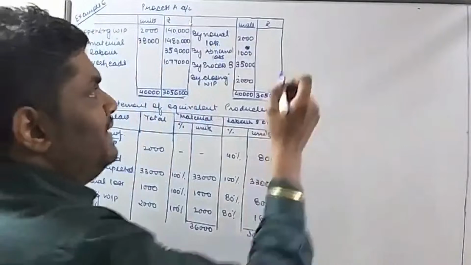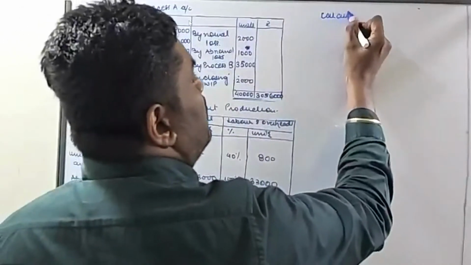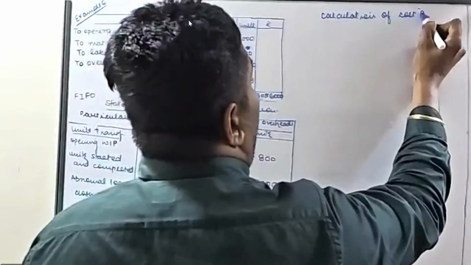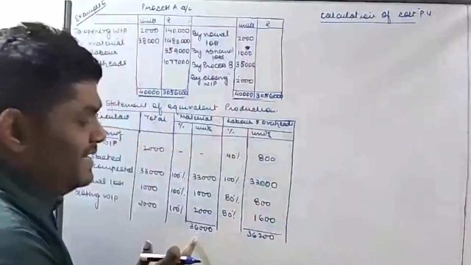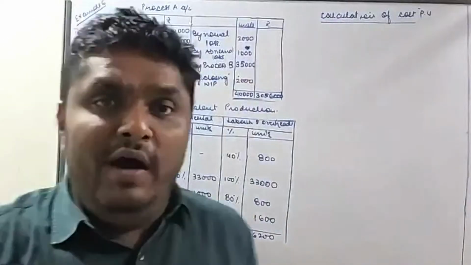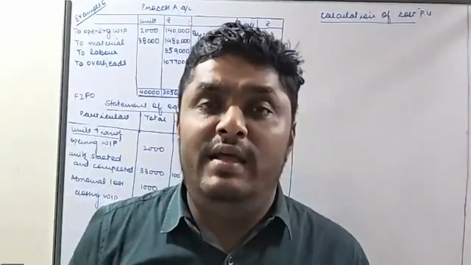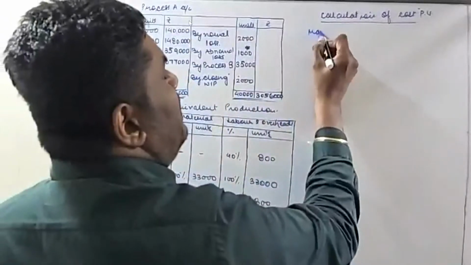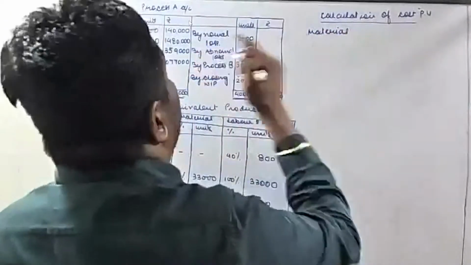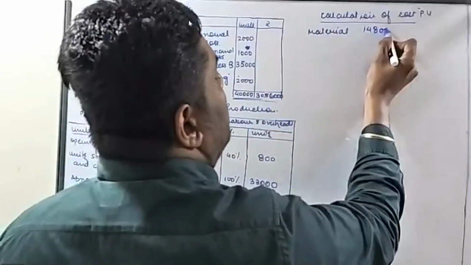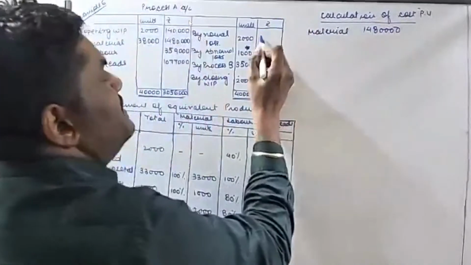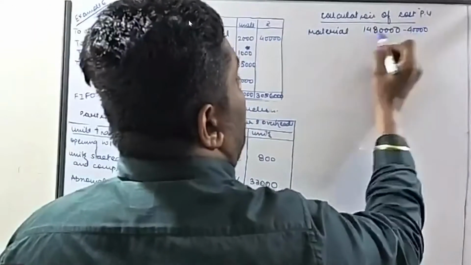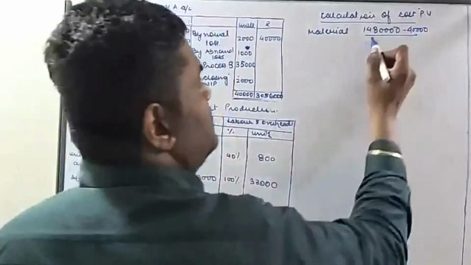Now let's prepare the calculation of cost per unit. Now these units represent what? The work that is completed in the current year. So herein we will be taking the current year cost only. That is for material, it will be 14,80,000 minus 40,000 as the scrap value, the whole divided by 36,000.